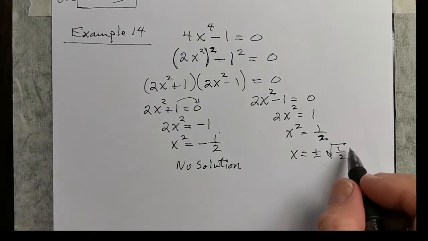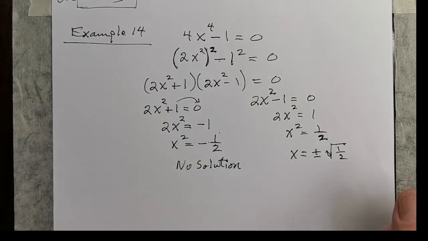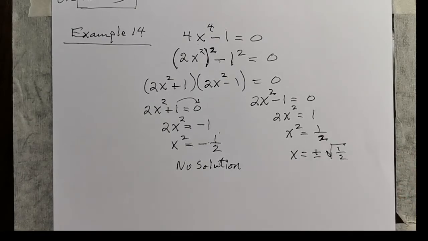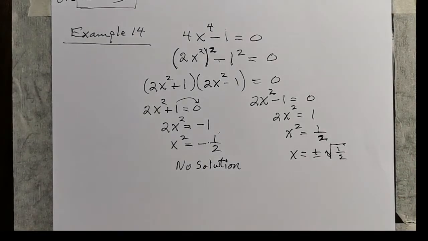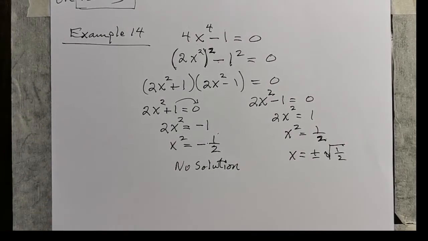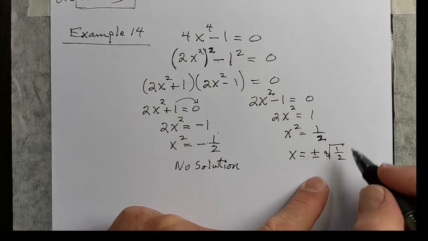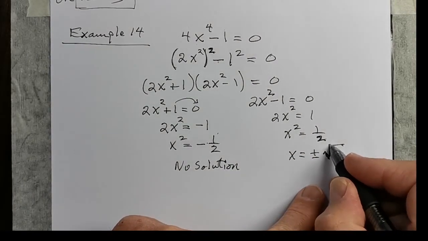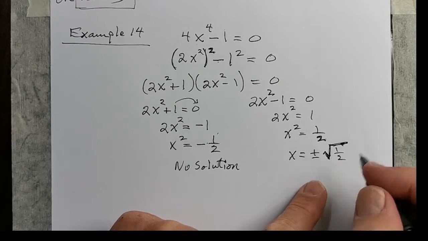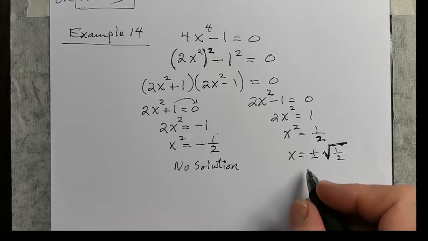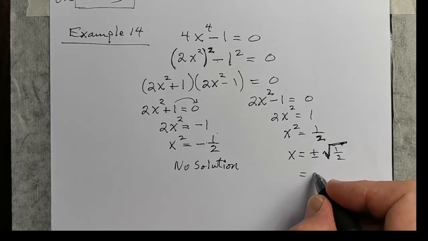X is equal to plus or minus the square root of a half. This takes us just a little farther than what you may remember, or actually, no, you wouldn't remember, because this is actually in Algebra 2. Simplifying radicals. We might do this in chapter 10, I believe it is. But for right now, this thing could be written as follows.